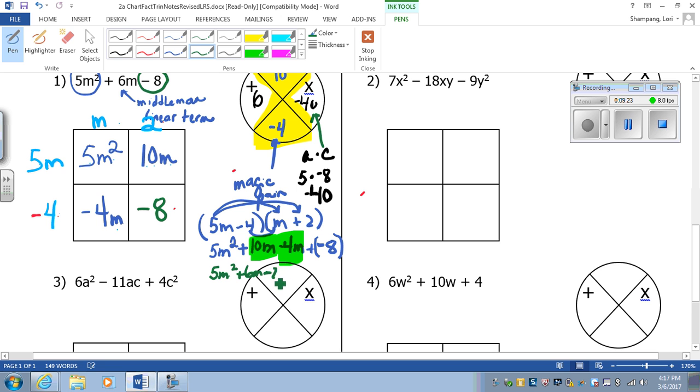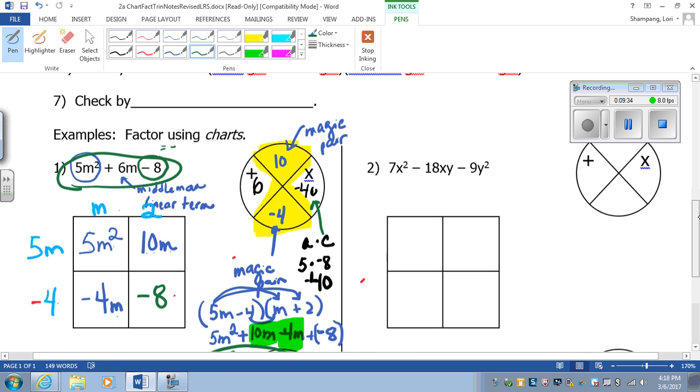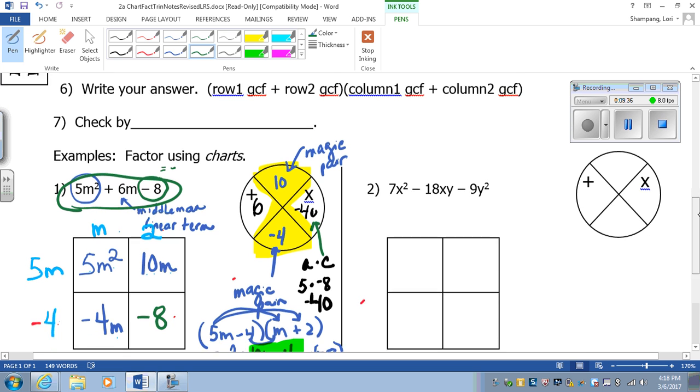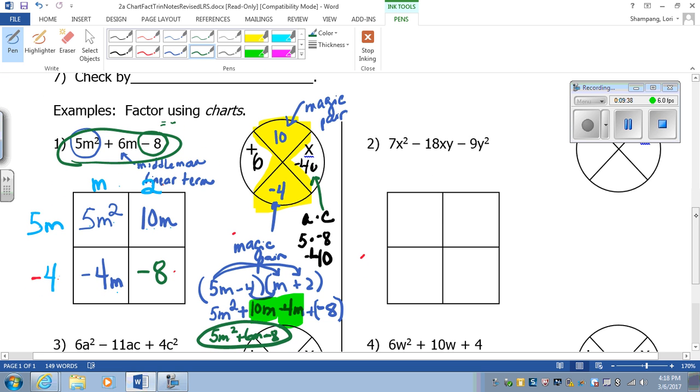Let's look at the second example. We have 7x squared minus 18x minus 9y squared. Okay, so we're going to do it the same way we did number 1. So let's look at our chart.